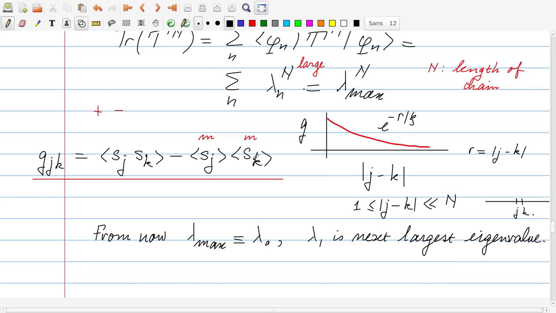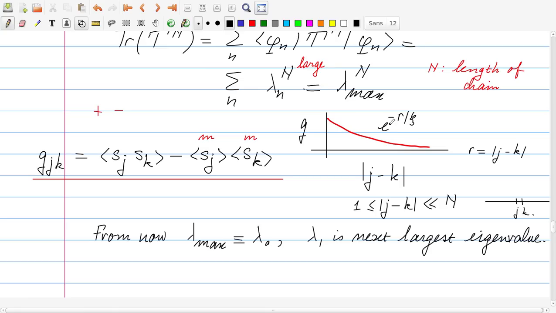So that is an interesting object, this g of jk, and here you see a sketch of g of jk as a function of j minus k, and for large distances it will always decay to 0, because if Sj is really very far from Sk, then we expect this product to have the same expectation value as the product of these expectation values, and then the g will decay to 0. So that happens for long distances.